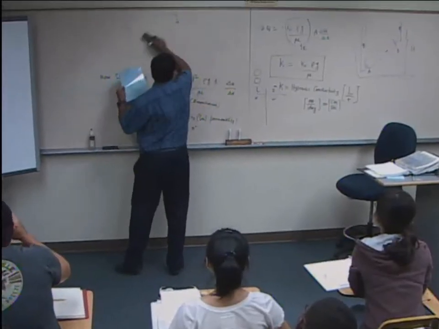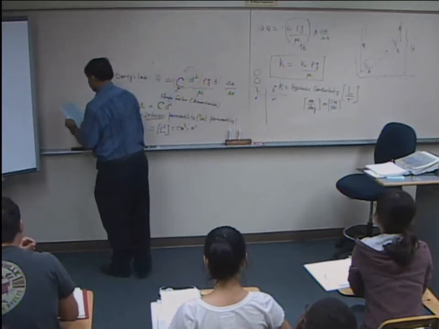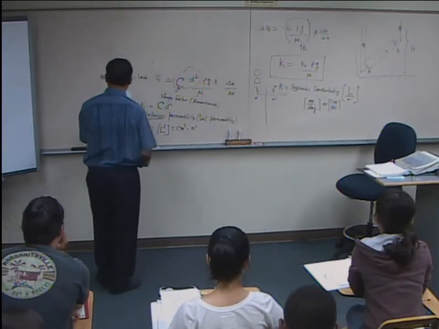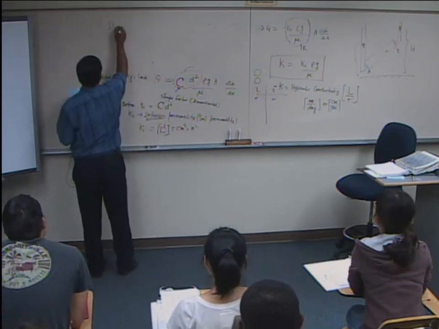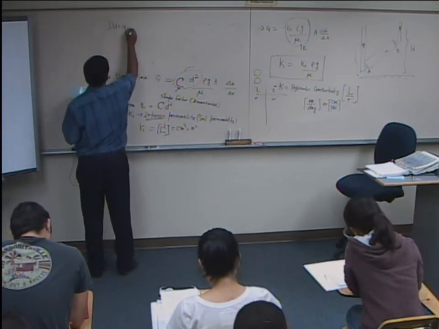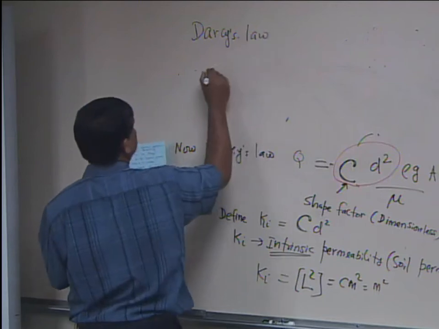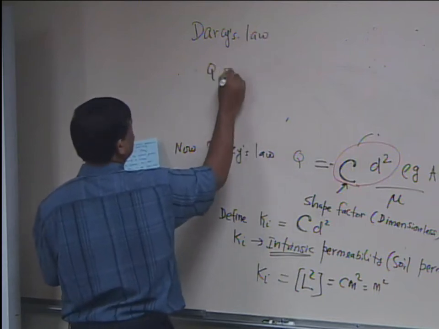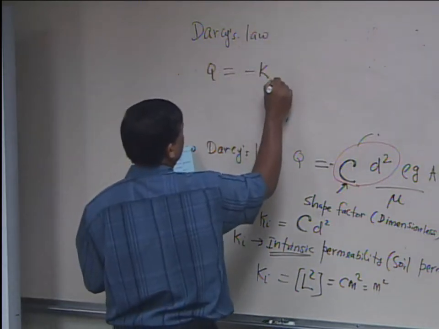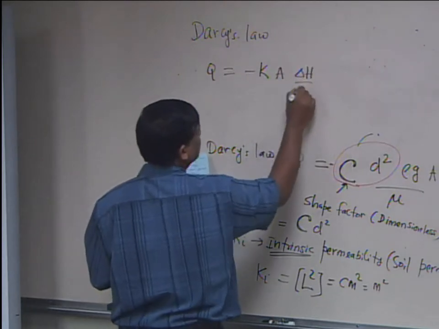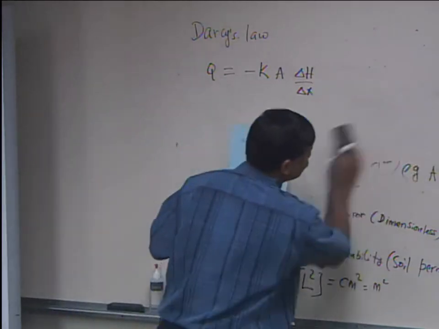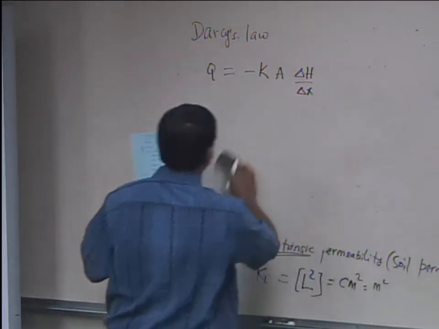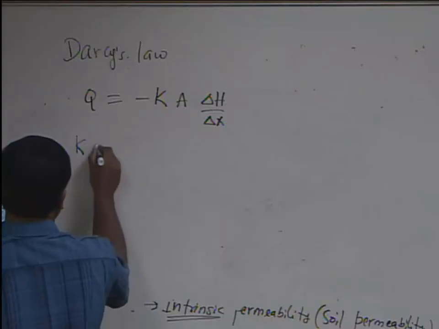So K is a constant. In summary, Darcy's law is Q equals minus K A delta H by delta X, where K is the hydraulic conductivity.